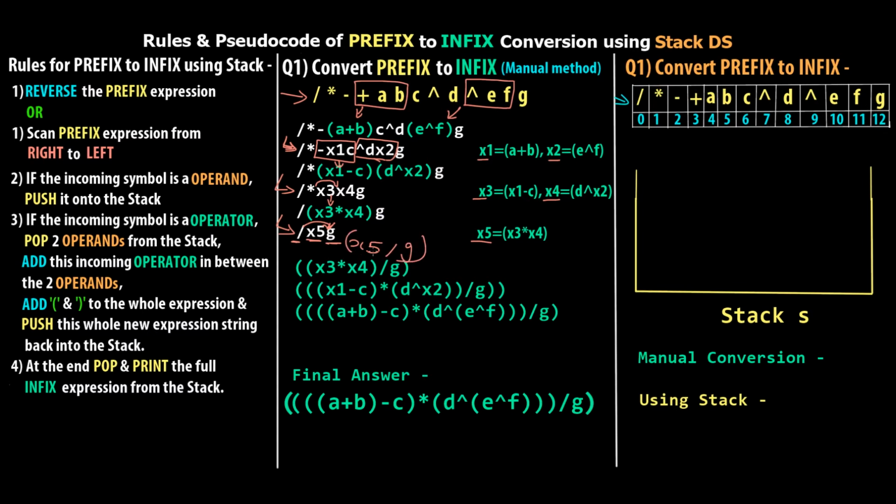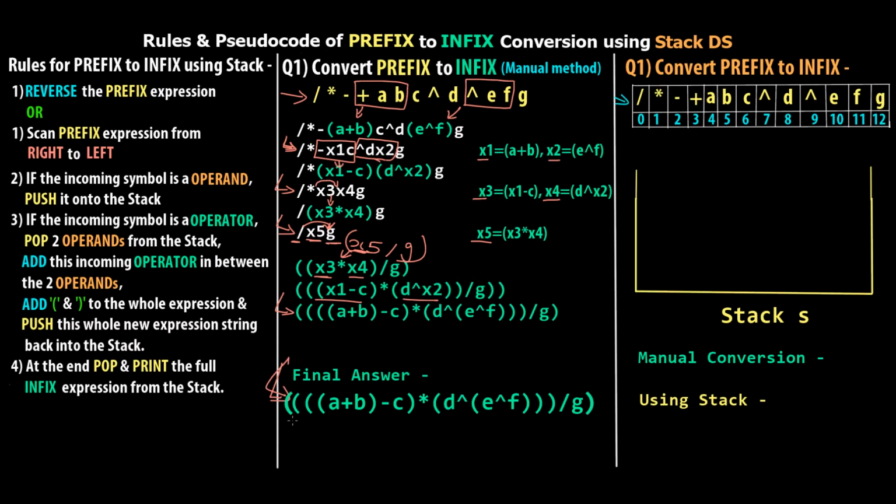And when we actually resubstitute these temporary variables of x5, x3, x4, x2 and x1, so after resubstituting x5 we will get this result. x5 is x3 star x4, right? So x3 star x4 in brackets, then divide by g. Then we will resubstitute x3 and x4's value, we will get this and this, and ultimately we will get the final answer, which would look something like this.